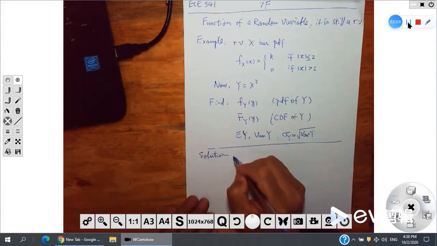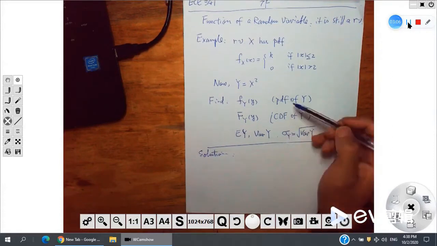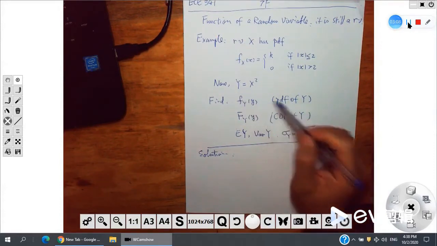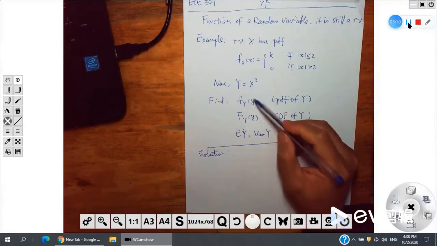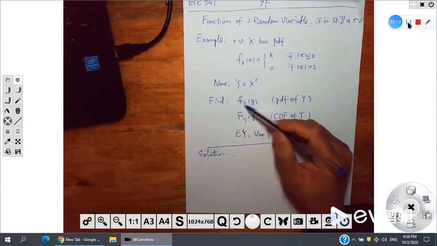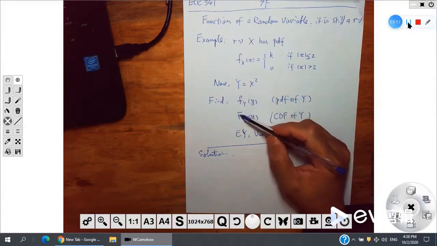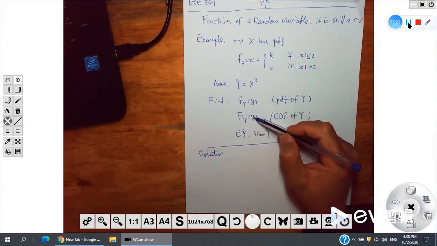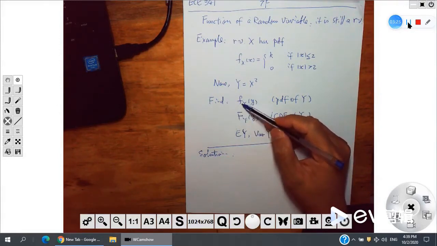Solution. First one, I said I want to find the PDF. But actually, this is not so easy to find directly. The density is a derivative of the CDF. So we can find Fy, the CDF, first, then take the derivative, and then we have the density function.